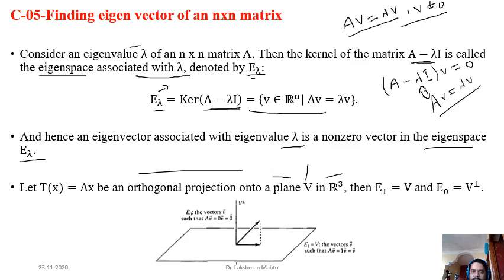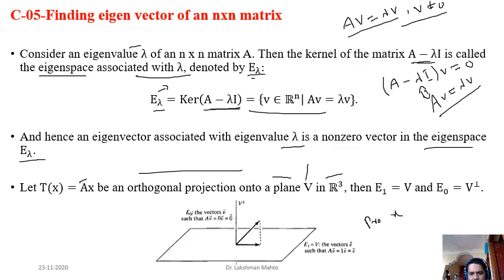Then what are the possible eigenvalues? You don't need to find A directly. A is a projection matrix, and T is an orthogonal projection. So what are the possible eigenvalues? Easily from the geometry you can say that there are two scenarios.